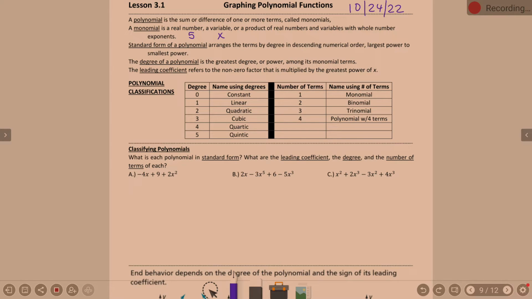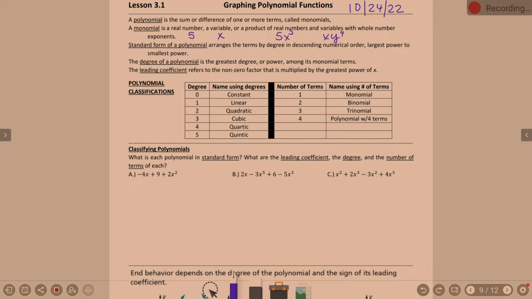Or a product of real numbers and variables, like 5x cubed. These are all examples of individual terms or monomials. A polynomial is these pieces added and subtracted together. We could even talk about something like xy to the fourth. These are all just individual terms that can be added and subtracted together. A bunch of these added and subtracted together is a polynomial.